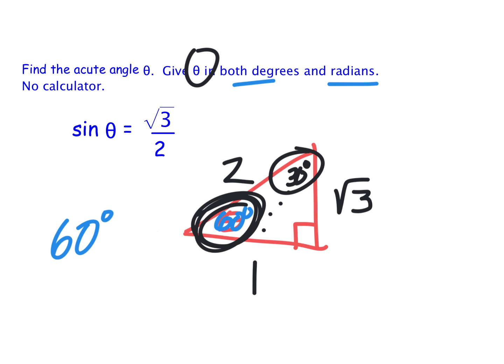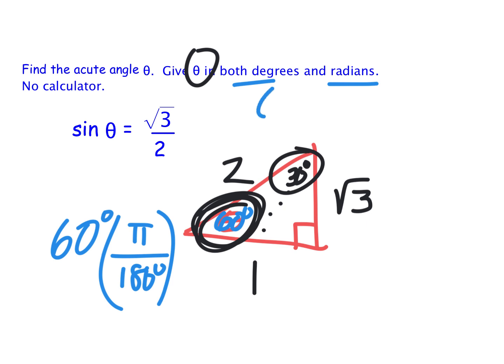Day 1 was about whether you can convert radians to pi and pi to radians. And I said the most important thing was to know that pi was 180. And look, I could do this and it will simplify down to pi over 3. So that'd be a way to get it too. So the answer was, in degrees, 60. In radians, it was pi over 3. I would memorize this one.